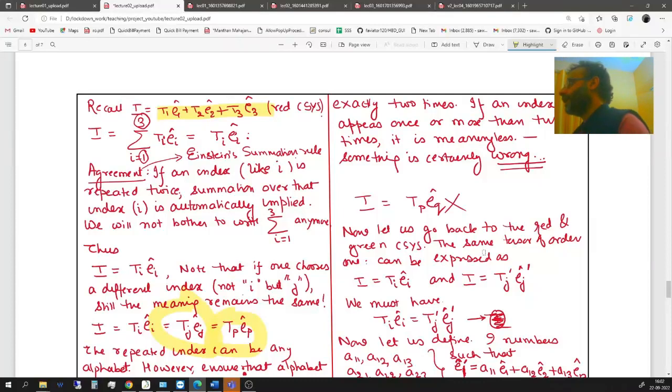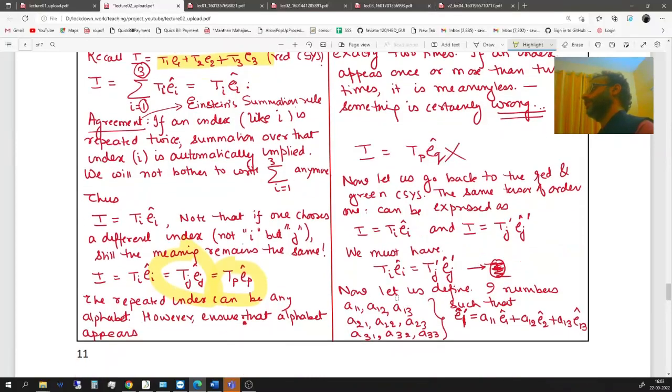Now let us go back to the red and green coordinate systems. The same tensor of order 1 can now be expressed in 2 ways using the 2 different coordinate systems. First as T equals T_i E_i and the other as T equals T_j' E_j'. And because we defined the tensors to be invariant across coordinate systems, it means that T_i E_i must be equal to T_j' E_j'.